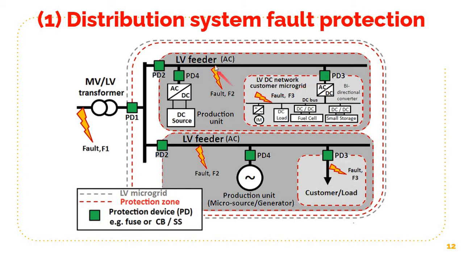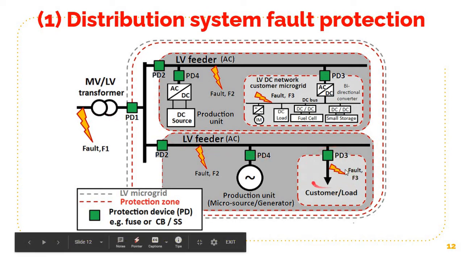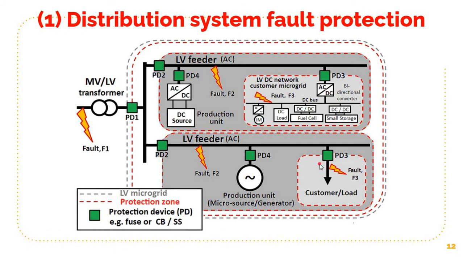Faults can happen in this feeder or in this feeder, or on the MV side of the incoming transformer from the utility, or even in the customer load or consumer load, or on a DC line within the LVDC network of the customer microgrid.